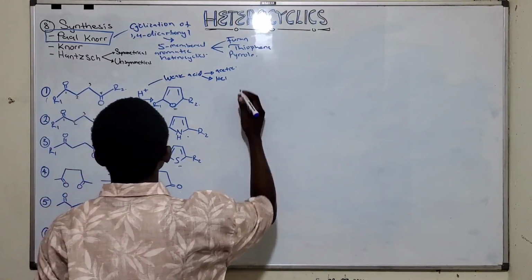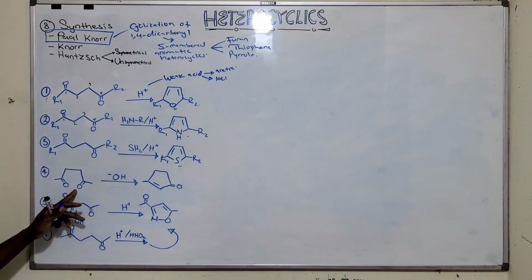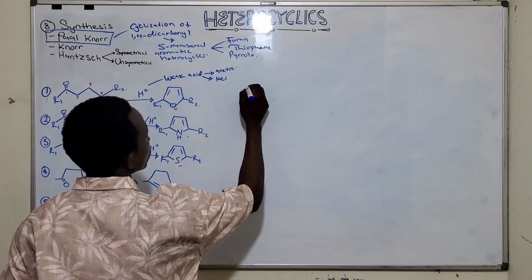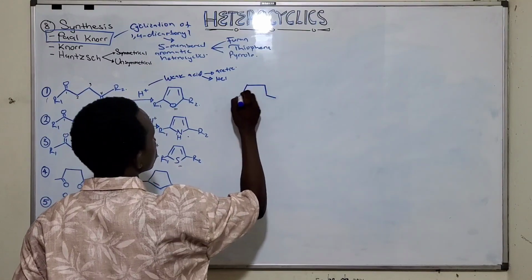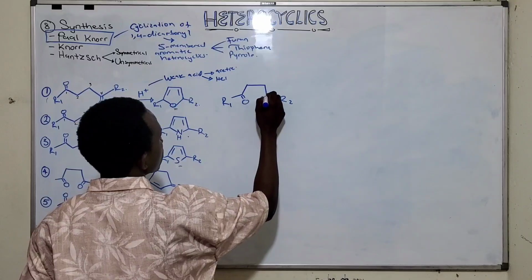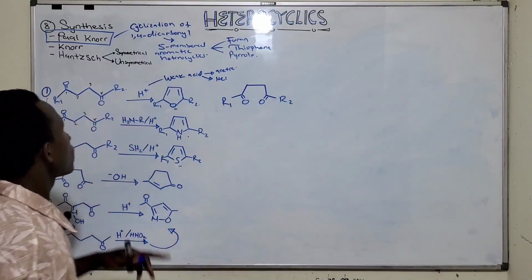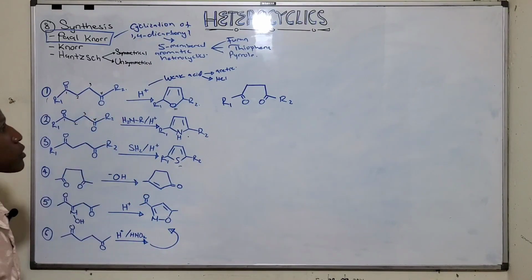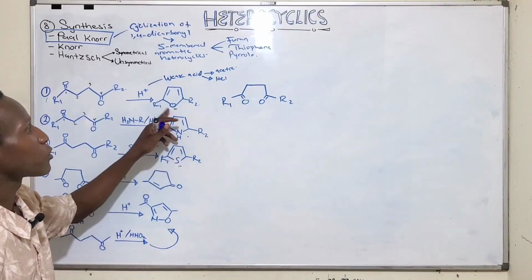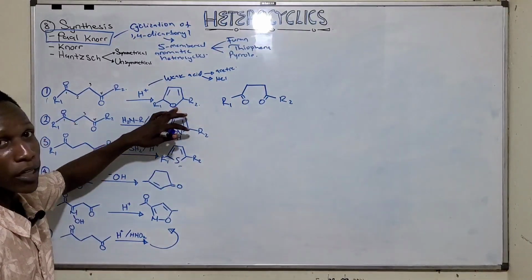This compound, for simplicity, you can draw it in this way. It's the same compound. So we can draw like this. You put your R1, R2, then these are the two keto groups. So you haven't done anything, but it's almost similar to the product.